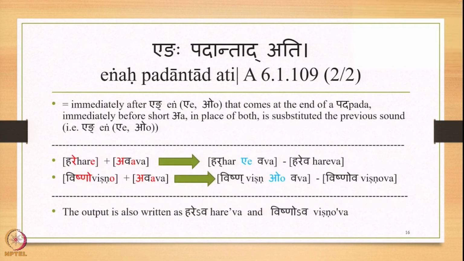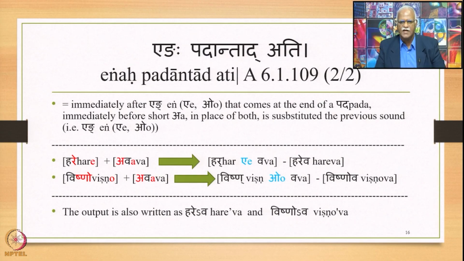So the meaning of the sutra is immediately after eng, that is a and o, that comes at the end of a pada, and immediately before short a, in place of both is substituted the previous sound, that is eng, that is a and o. I repeat, immediately after eng, engaha, that is a and o.